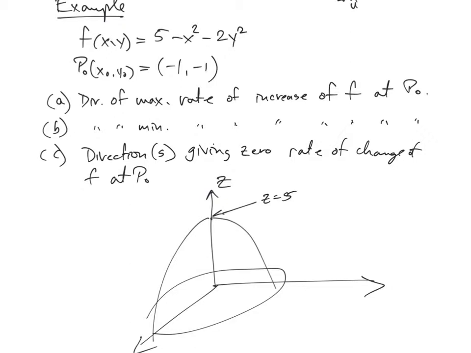So we're going to find the direction of the maximum rate of increase and decrease, and where the function doesn't change at the point -1, -1. So if this is x and y, -1 and -1, that's over here somewhere. I don't know.